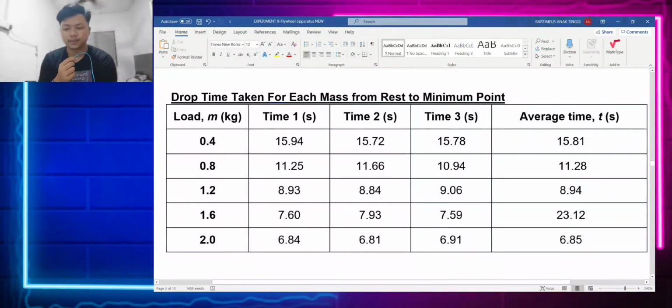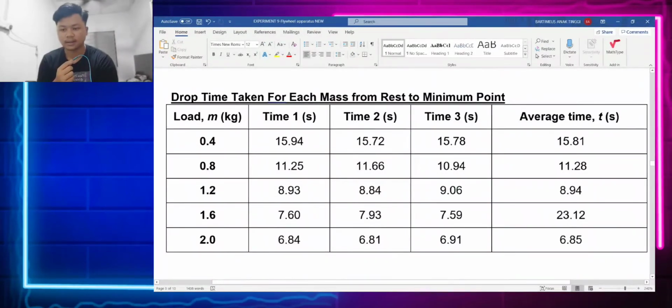So in this table I calculate the average time. After I explain all the tables, I will show you all the calculations that I have done to complete the table. So I will roughly explain how I get the average time. I get the average time by adding time 1, time 2 and time 3 and dividing by 3.